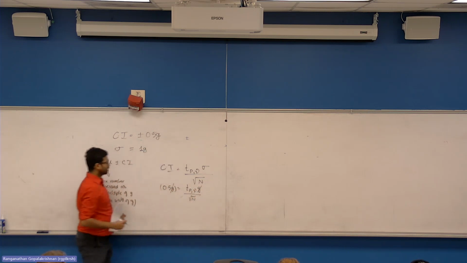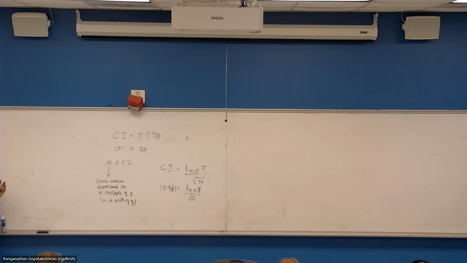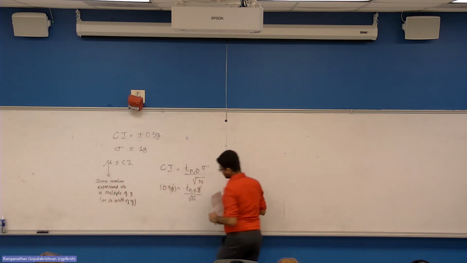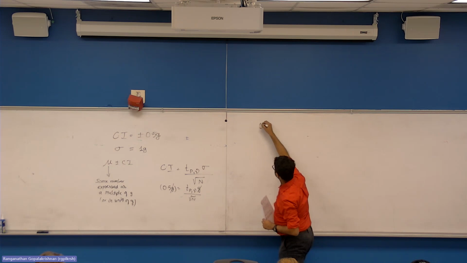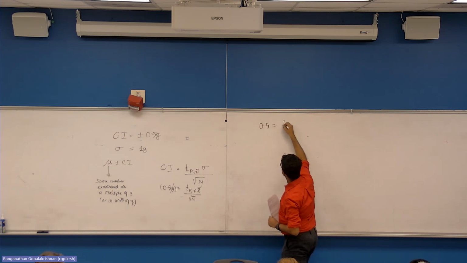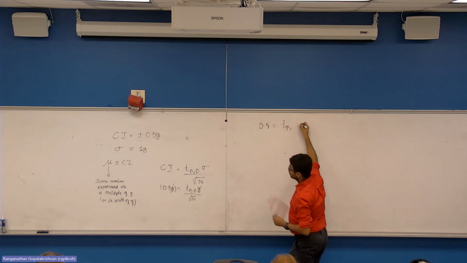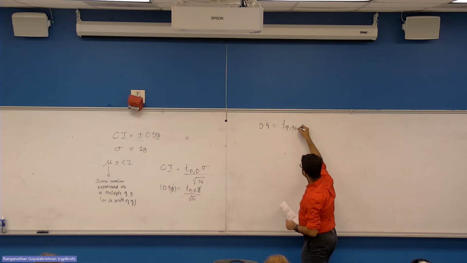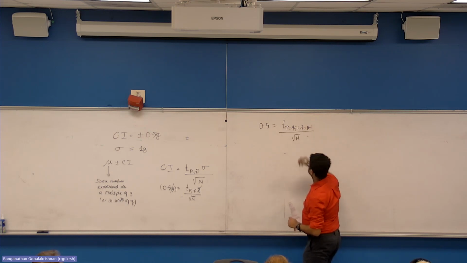So the question now is, what value of n should you choose so that 0.5 multiplied by the t statistic evaluated at p, which wasn't mentioned in the problem, so you are welcome to choose whatever you want, say 95%, at nu equal to n minus 1, divided by square root of n.